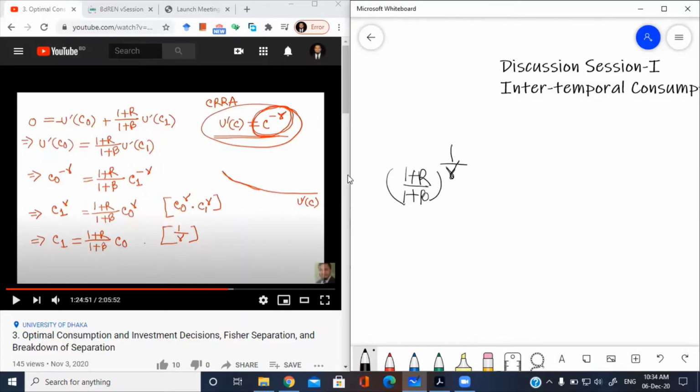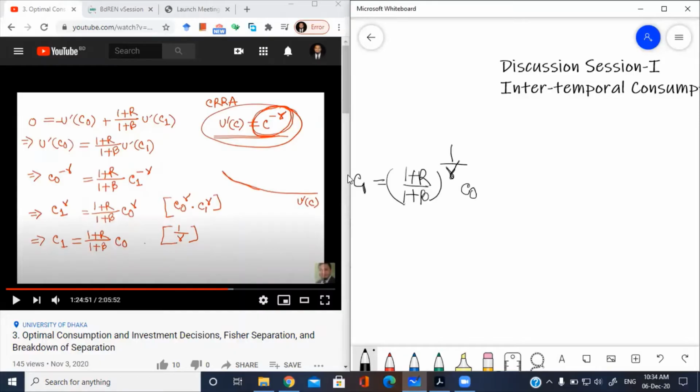So when we are giving power of 1 by gamma on both sides, we need to insert this as a power to the 1 plus r divided by 1 plus beta. So C naught will be here and C1 will be here.